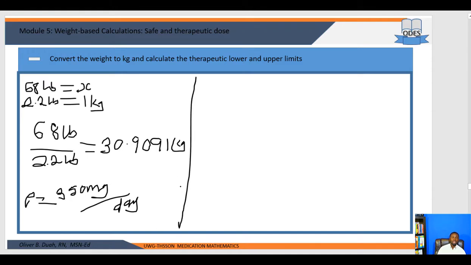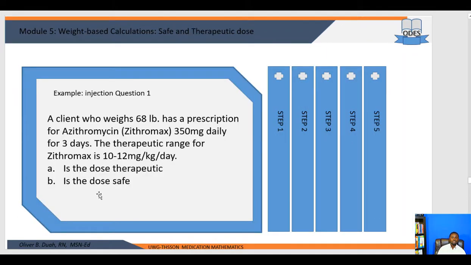And we know that our therapeutic range is 10 to 12 milligrams per kilogram.